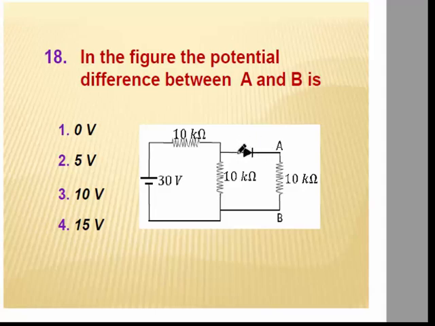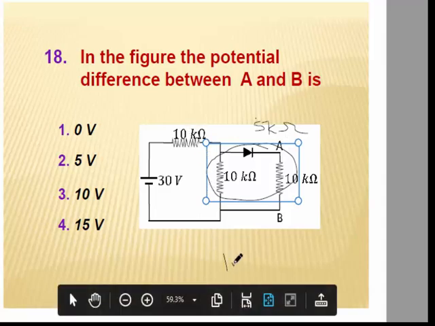So just take the resistances. 10 and 10 in parallel means 5 kilo ohm, but in series 10 plus 10 is 20. When this 5 kilo ohm and this 10 kilo ohm are connected, the voltage is distributed as 10 and 5. How much is the total voltage? Here you can see 30 volts.